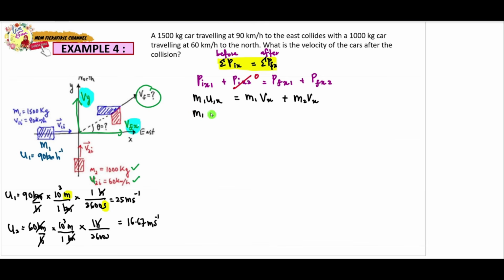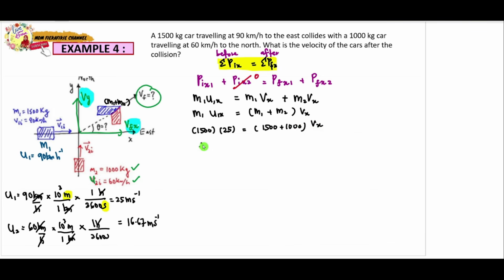Okay, so kalau kita susun, so dia akan jadi M1 plus M2 Vx. Okay, so ini adalah M1 plus M2. Sebab mereka dah bergerak sekali. Okay, so M1 is 1500, U1x is 25 meter per second. So kita tambahkan, okay, the mass 1000 for M2 and Vx.